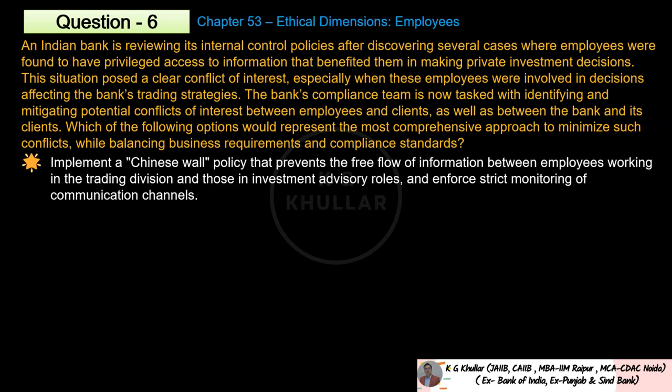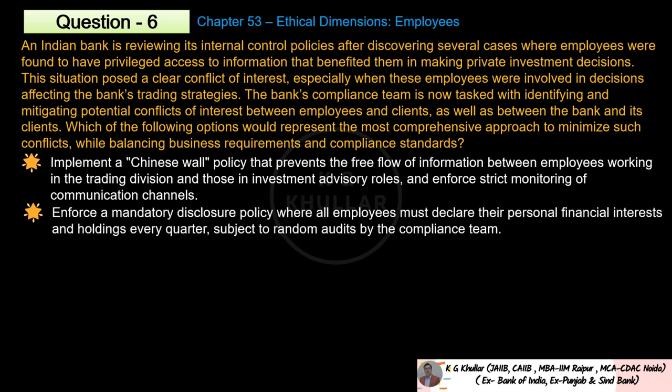First option A is implement a Chinese wall policy that prevents the free flow of information between employees working in the trading division and those in investment advisory roles and enforce strict monitoring of communication channels. Then second option B is enforce a mandatory disclosure policy where all employees must declare their personal financial interest and holdings every quarter, subject to random audits by compliance team.